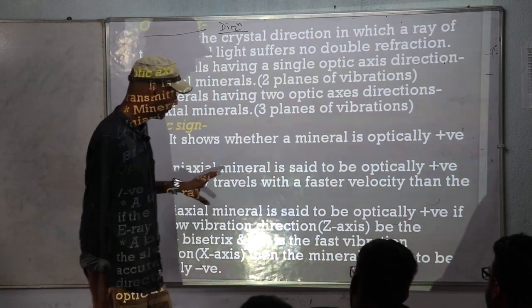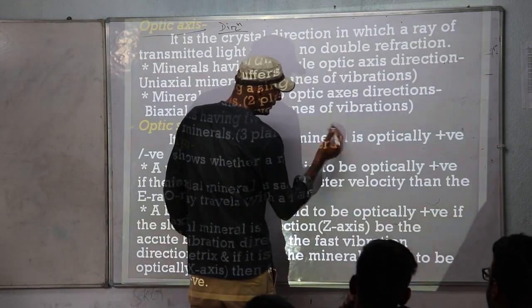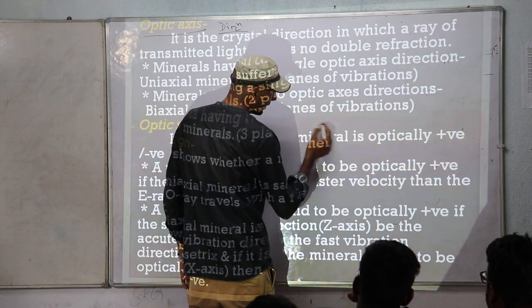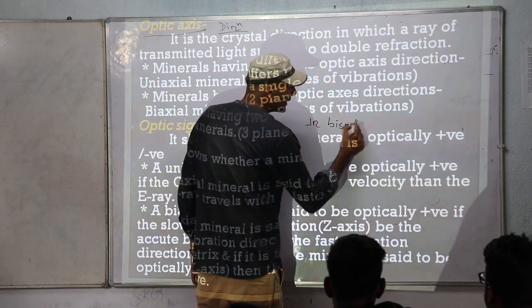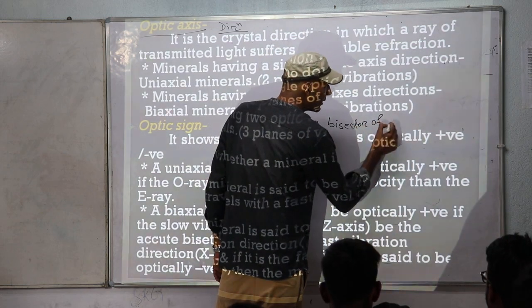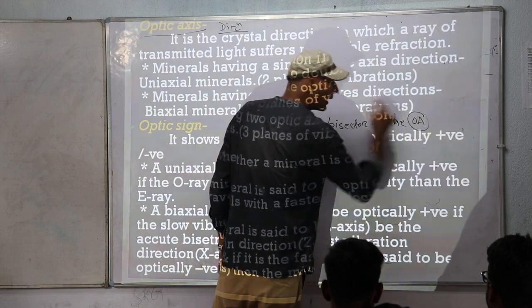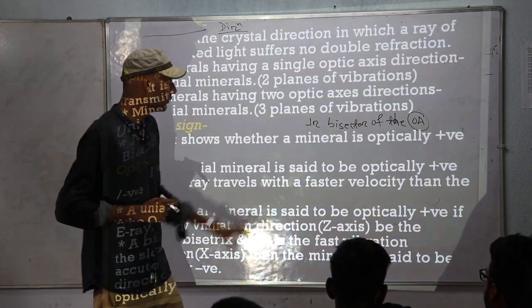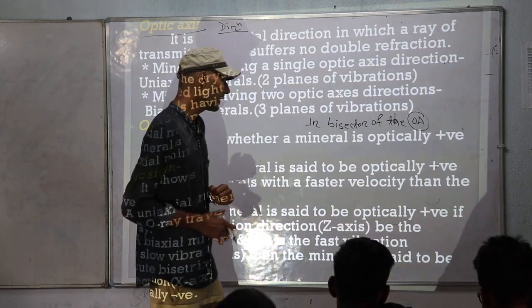Then talking about biaxial optic sign, there are two optic axes.